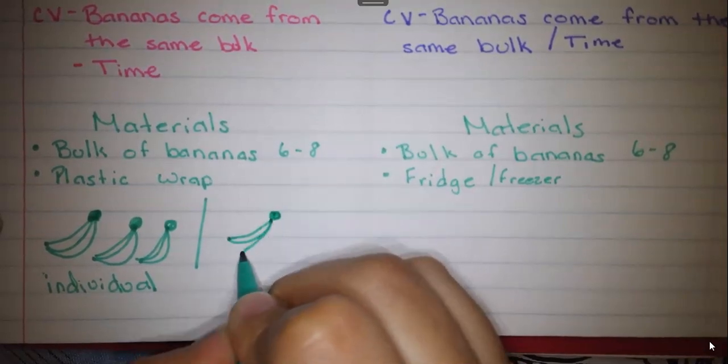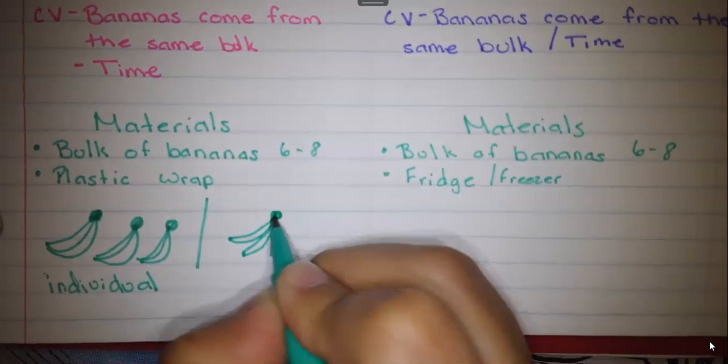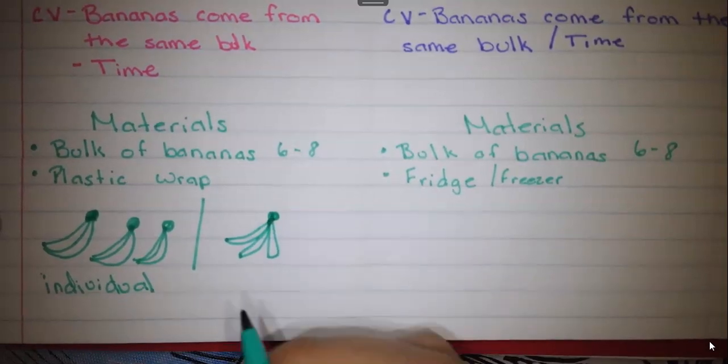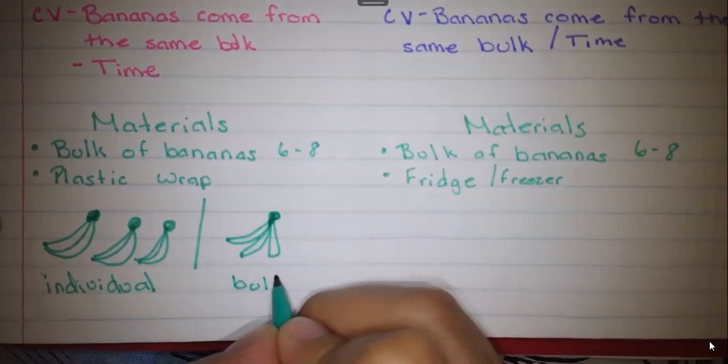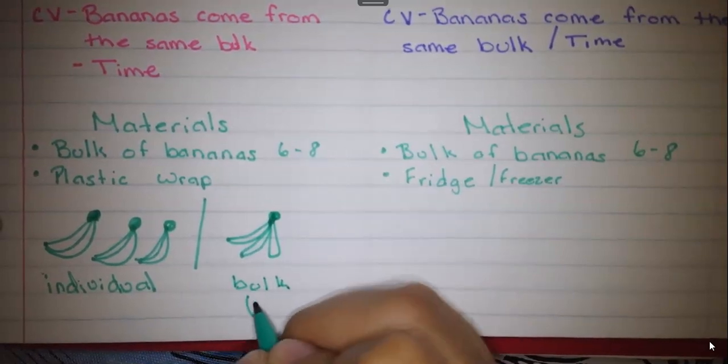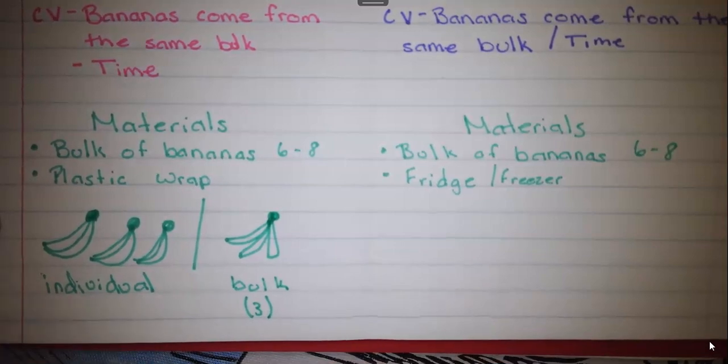So here's 1 banana, here's 2 bananas, and here's 3 bananas. That looks weird. Okay, so this is going to be bulk, and these are 3 bananas, and these are 3 individual.